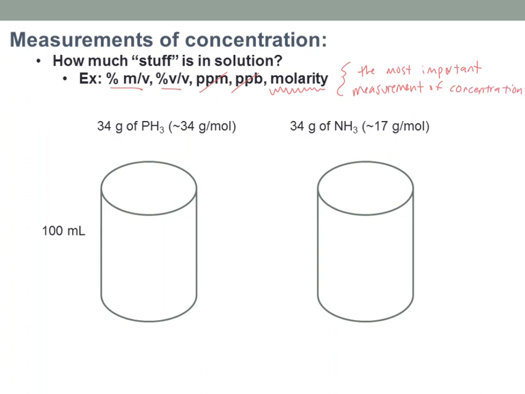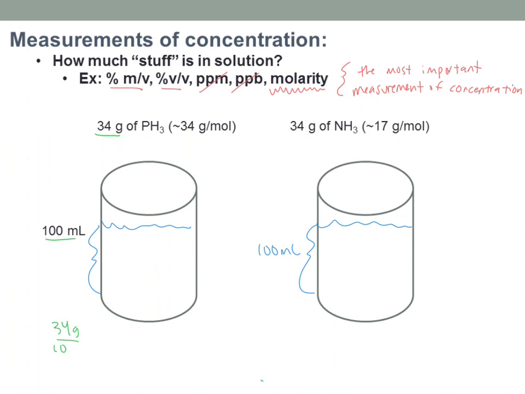So let's take a look at this example down here. Let's say hypothetically you've got two solutions. We've got 100 milliliters of a solvent in both of these, so these are both 100 mL. In one of these, you're going to take your triphenylphosphine and put 34 grams of triphenylphosphine into 100 milliliters of solution.